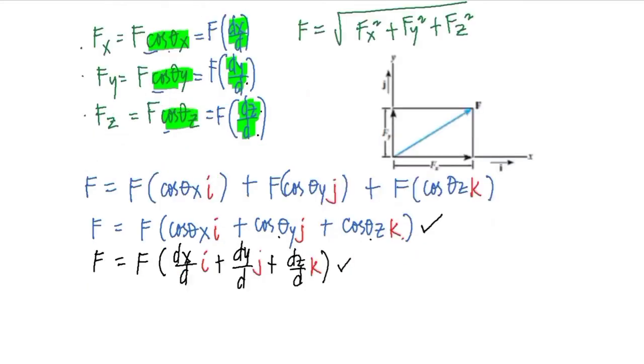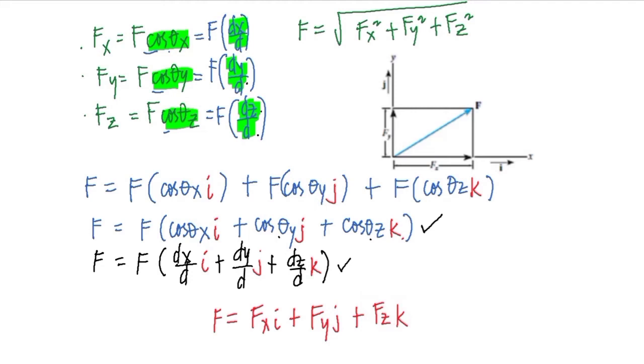If we are going to simplify this in terms of the components, we can say that the force is just equal to the x component times i plus the y component times j plus the z component times k. Now, this is true for the 2D and the 3D.